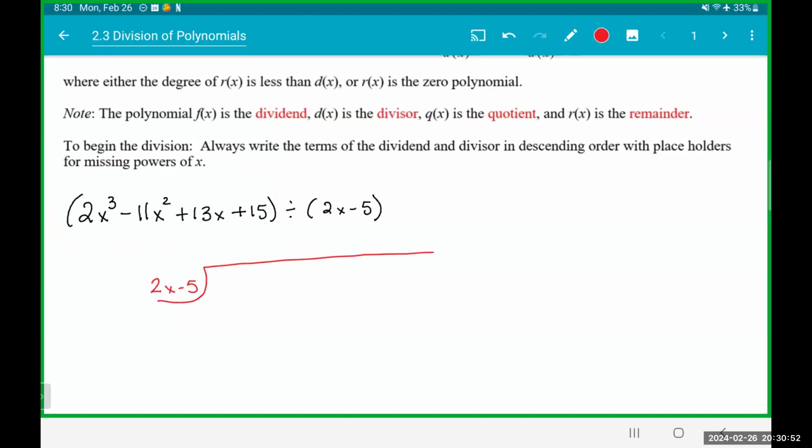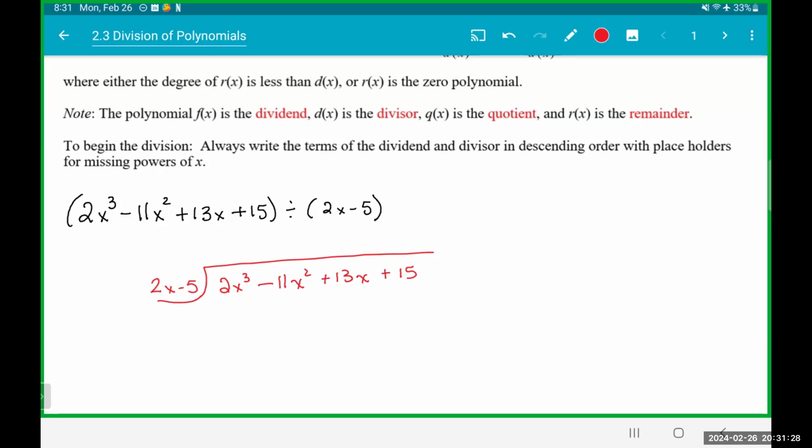Right now we have x cubed, x squared, x to the 1, x to the 0, so we're okay. We don't have to do any rearranging. So we just write 2x cubed minus 11x squared plus 13x plus 15. If I had any missing, I would need to fill those in with a 0. Like if I didn't have any x squareds, I would have needed to put plus 0x squared in there, okay?